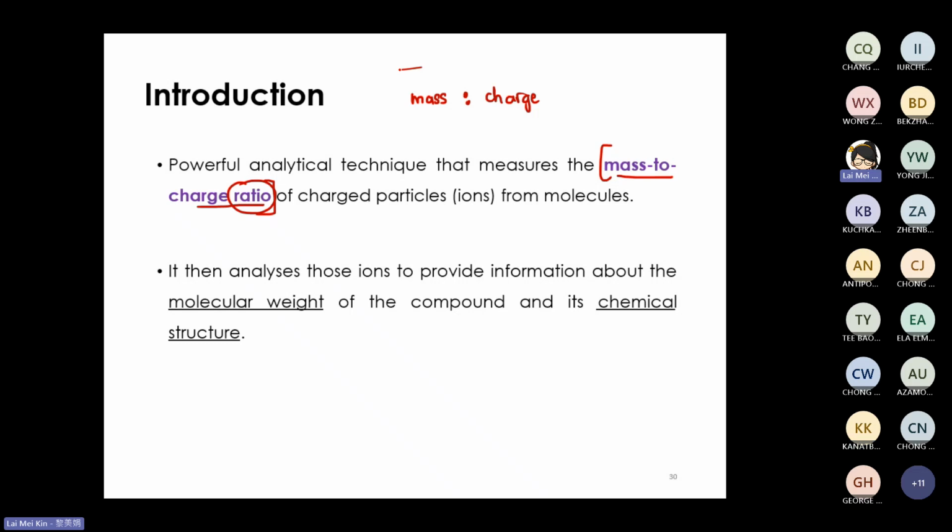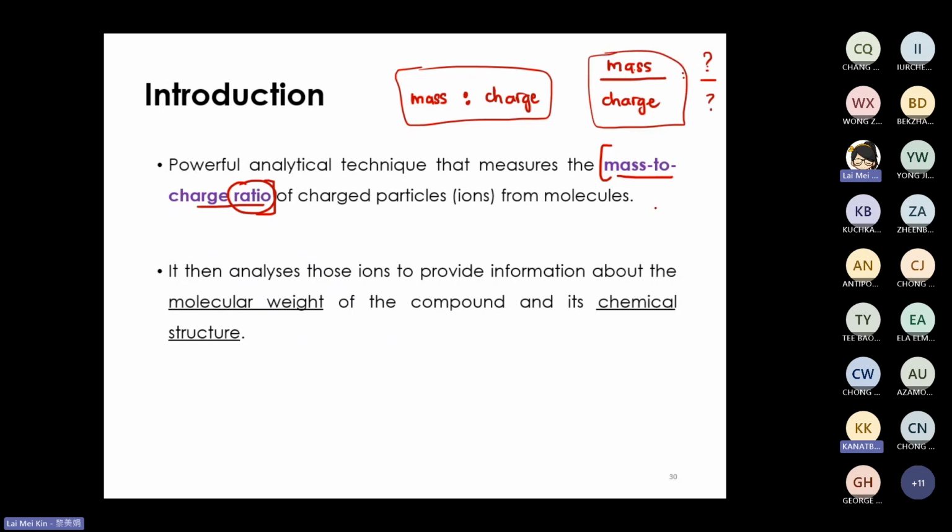If you put it in ratio form, it can also show the same thing: mass over charge. How many to how many? So this is what we mean by mass over charge ratio.